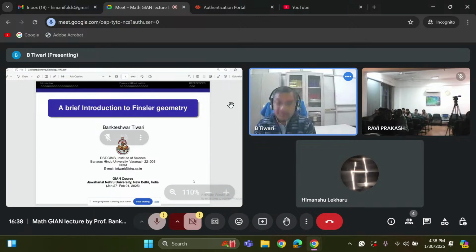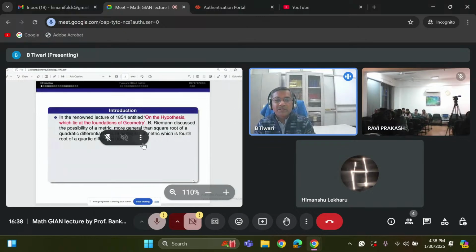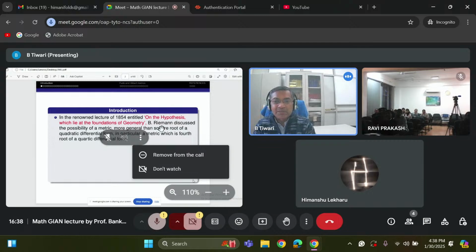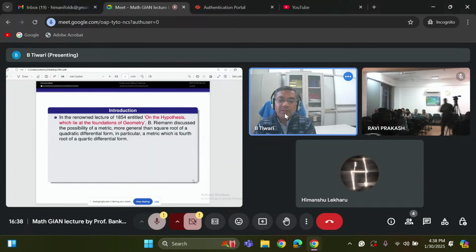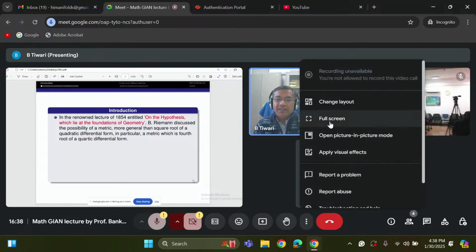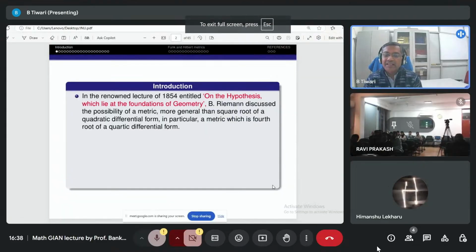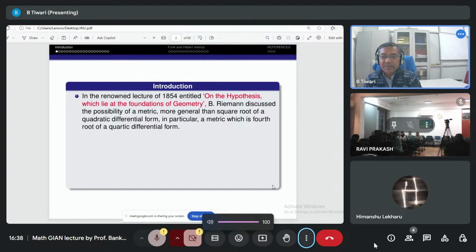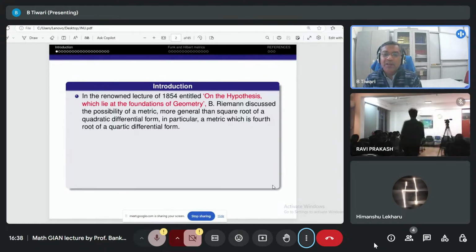So let me introduce a little bit about the historical development of Finsler geometry. In fact, it was started long back by Riemann in his famous lecture of 1854 entitled "On the Hypotheses Which Lie at the Foundation of Geometry," where he discussed a metric which is more general than the square root of a quadratic differential form.